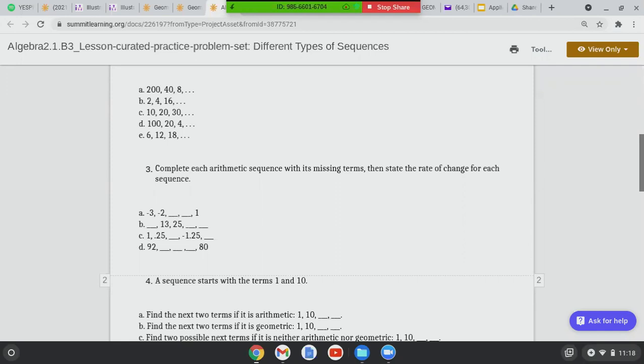Add, subtract, multiply? We're talking arithmetic. So spent, add or subtract? Subtract. All right, so we're subtracting. How much did we spend? 75 cents. So subtract 0.75. So what comes after 25 cents?